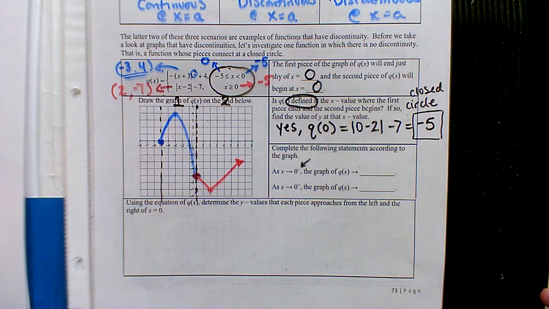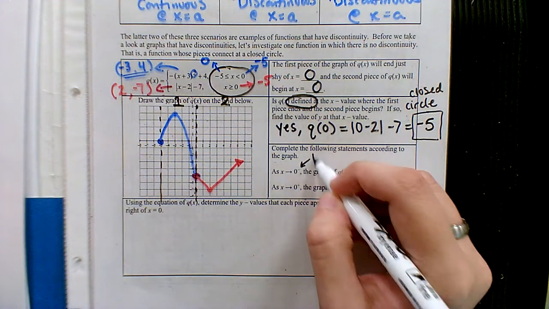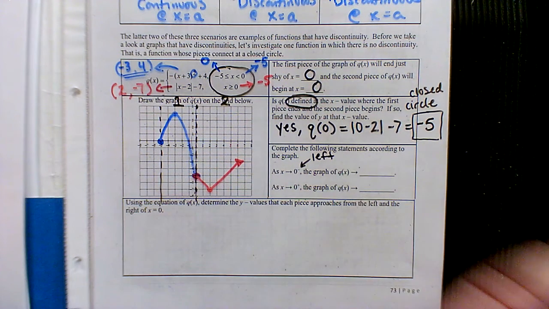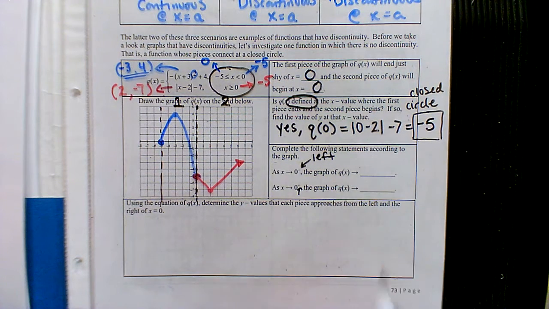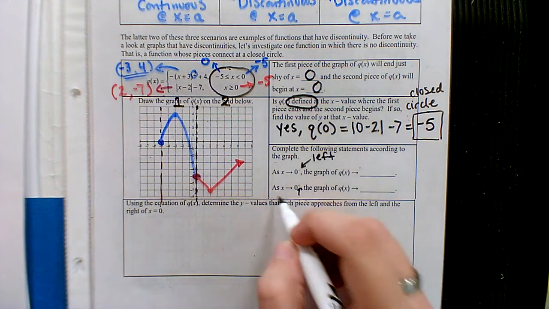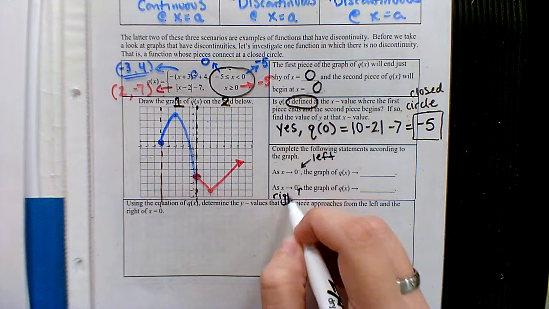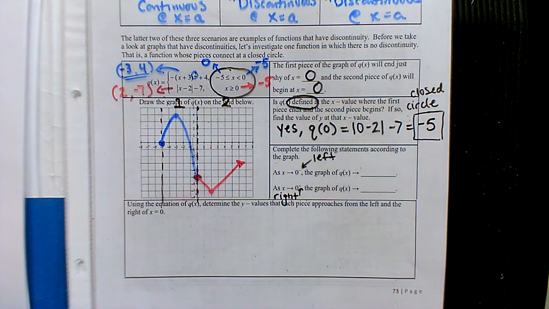It might be a little faint, but can we see that? Yeah. Thank you. Okay. That little negative in the exponent spot means from the left-hand side. So very similarly, if you have a little plus in the exponent spot, that means from the right-hand side.